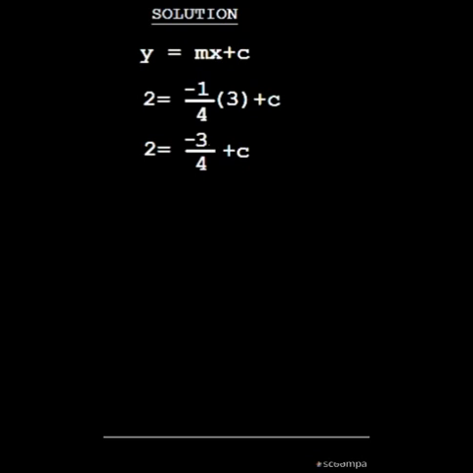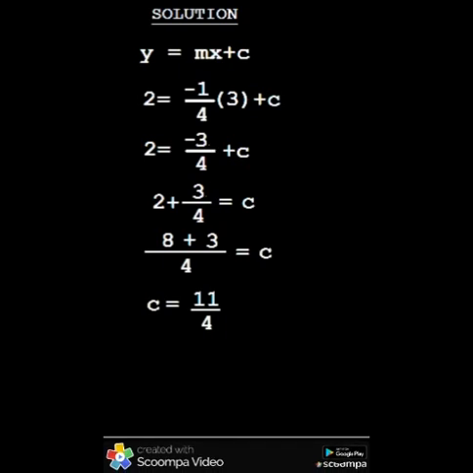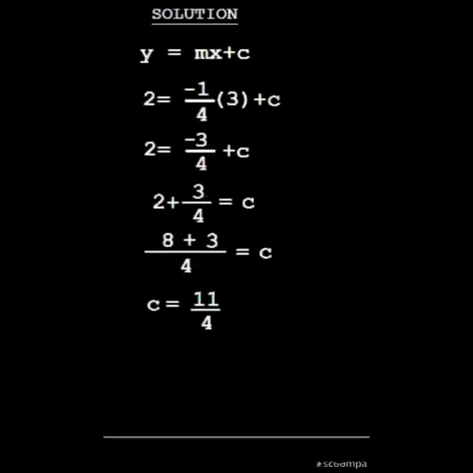Then we will have 2 plus 3/4 equals c. This implies that c equals 2 plus 3/4. Simply press 2 plus 3 over 4 on your calculator and you will find that c equals 11 over 4.